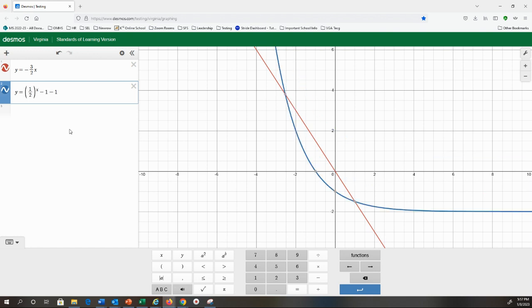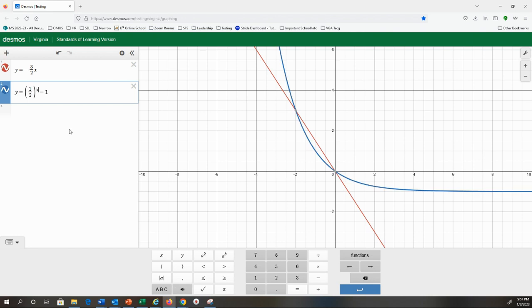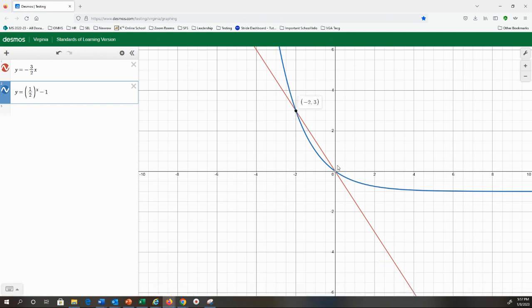If I did not arrow over, look what happens. Hold on. Oh, it's like remembering. Well, that's smart. Thanks, Desmos. I didn't think it was that smart. That time it actually recalls and arrows over for you. All right, so you can see here we have two solutions, and you can see them on the graph right there.